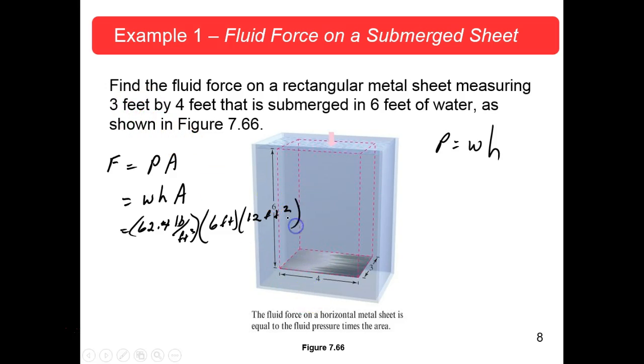Pull out your handy dandy calculators and figure out what that is. 62.4, and notice here, feet times square feet is cubic feet, those cancel out. So this will be the total force on that plate. 62.4 times 6 times 12. Basically 72 times 62.4.